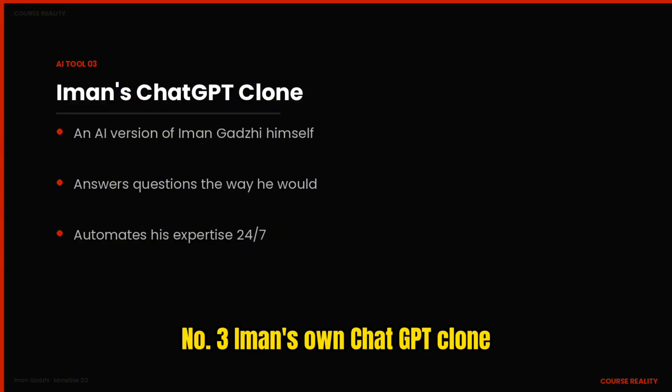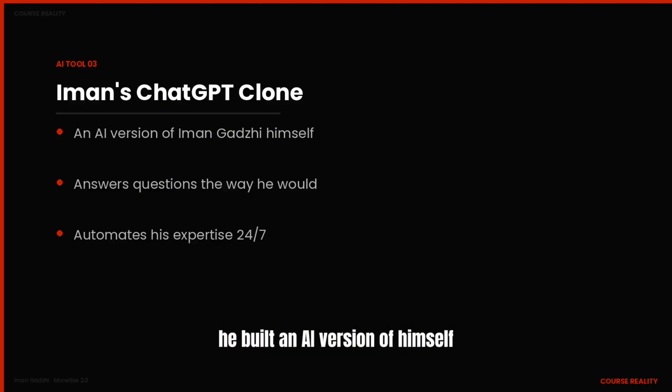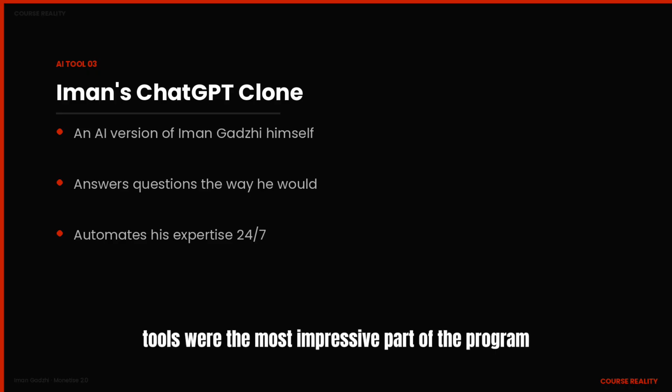Number 3, Iman's own ChatGPT Clone. He built an AI version of himself that answers questions the way he would, essentially automating his own expertise. Based on the same public account, the AI tools were the most impressive part of the program.